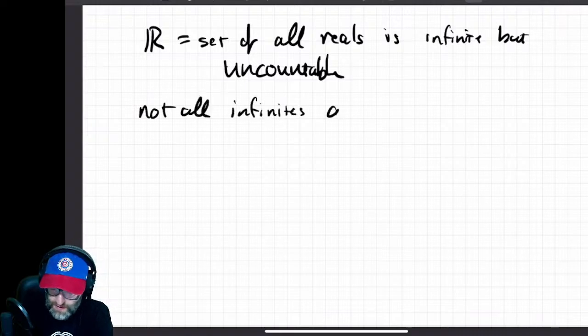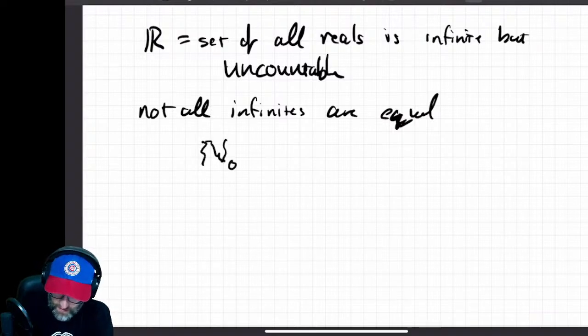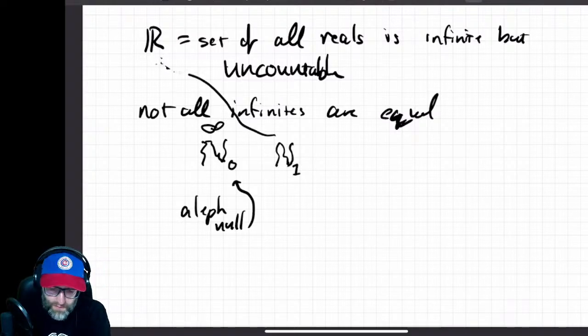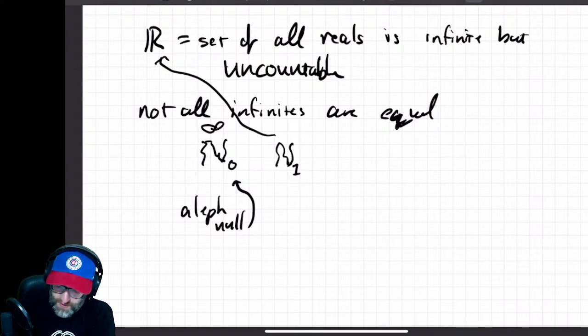In fact, he came up with symbols. Don't quote me on this because I don't know how to write it. Aleph. This is the Hebrew letter Aleph, right? Aleph null, the first one. That's infinity, right? Then there's Aleph 1, and this is the symbol that captures the infinitude of the real numbers. But you can continue.